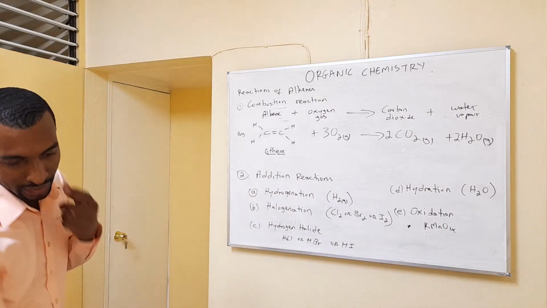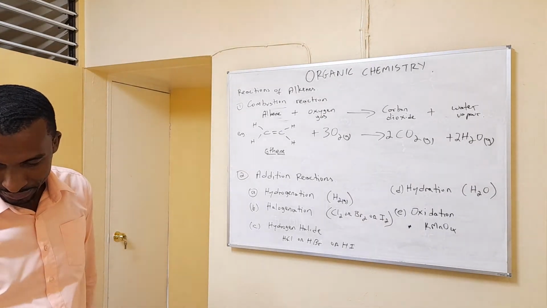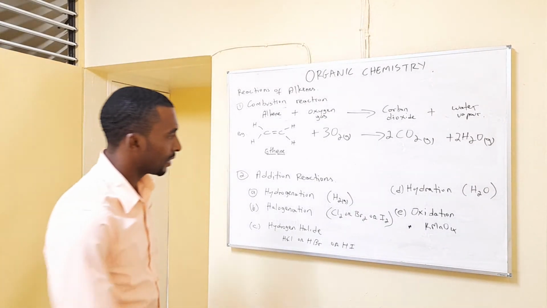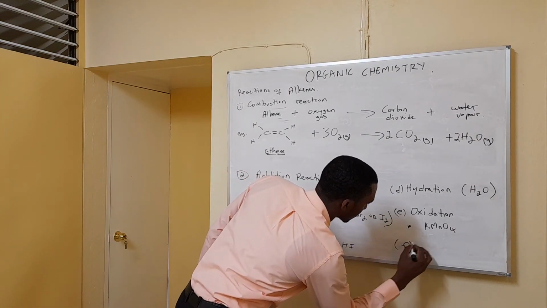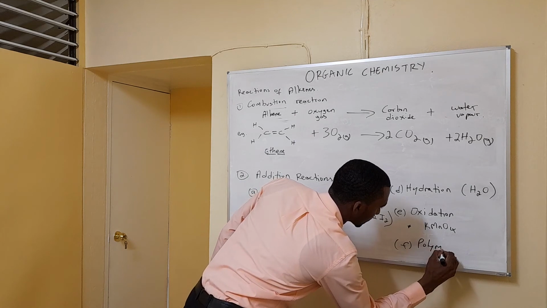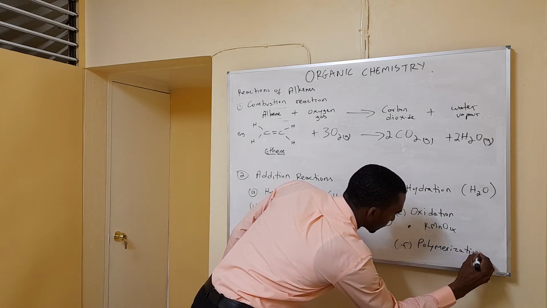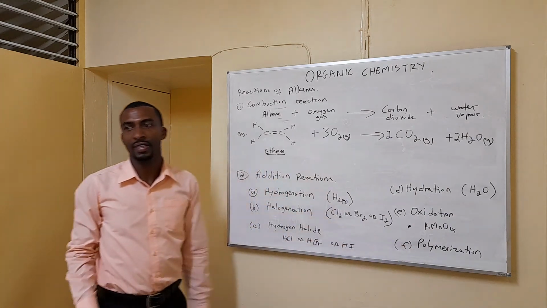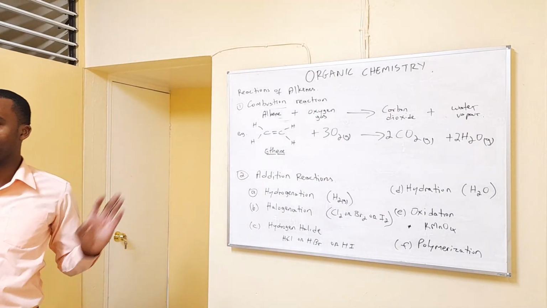Right, in addition, even though that's going to be a separate class by itself, is polymerization. A, C, D, E, F. But F is a separate class by itself. Polymers. Alright, but just to note that alkenes will allow polymerization.